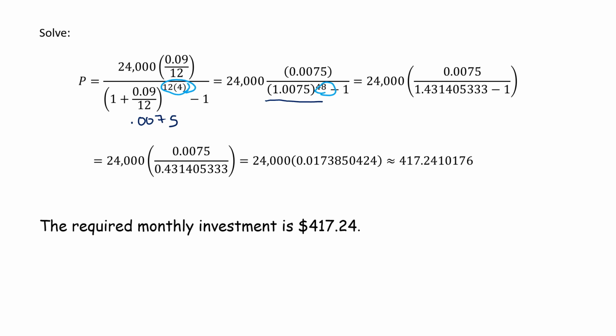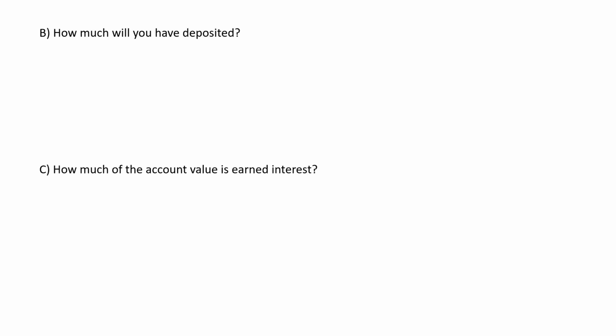The required monthly investment is $417.24. If you put that much money into an account that gives you the interest rate stated, you will have the $24,000 you need to buy your car cash. So how much will you have deposited?